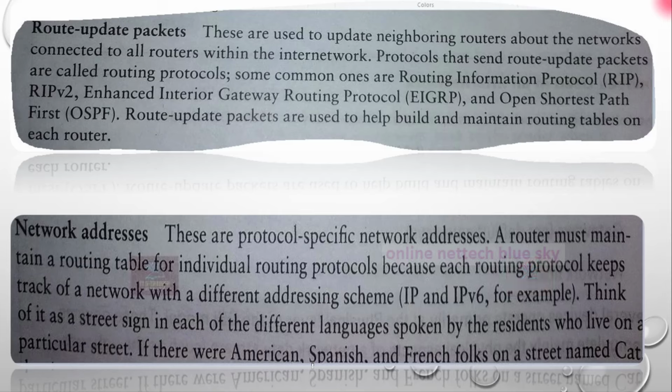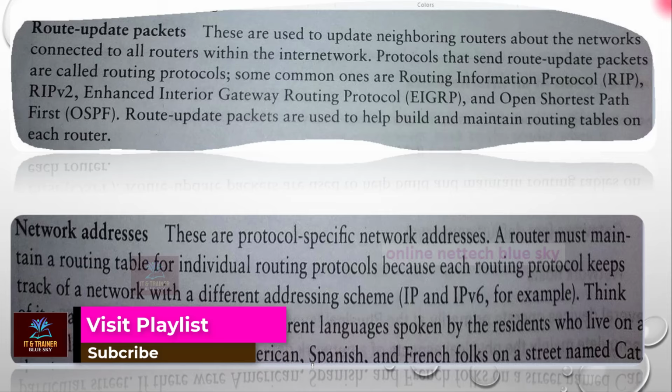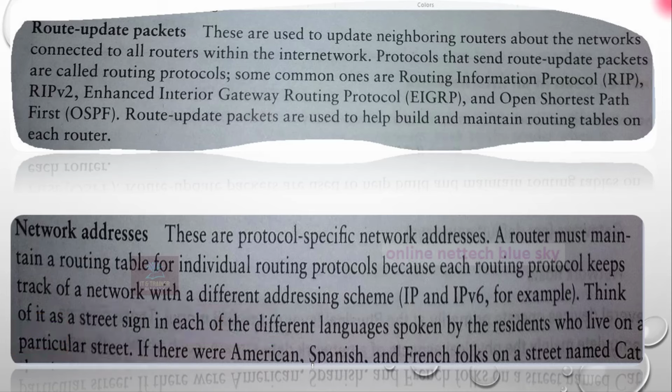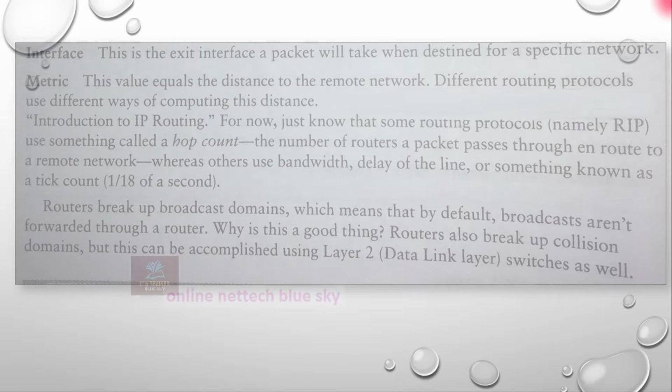This is a very important point. Think of it as street signs in each of the different languages spoken by residents who live on a particular street. If there are American, Spanish and French street names, the street sign is written in each language.